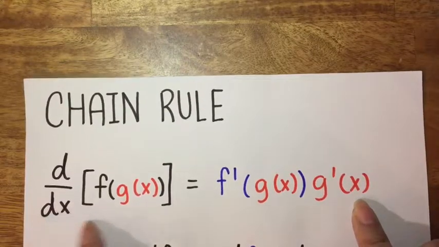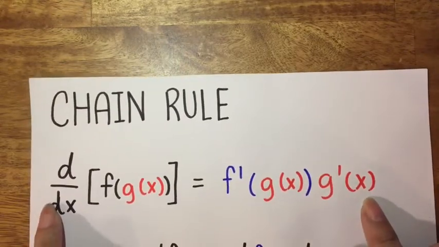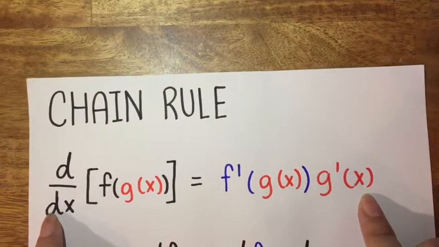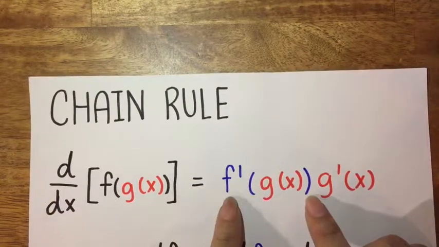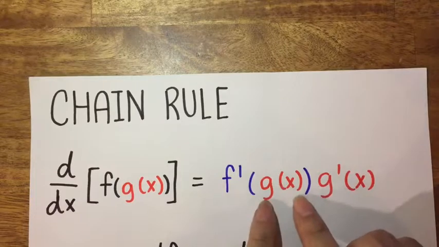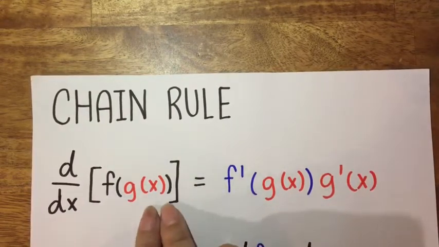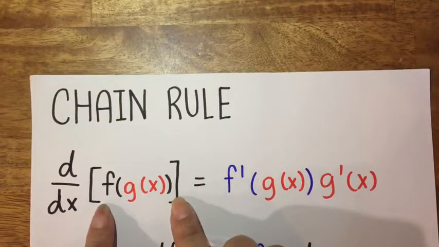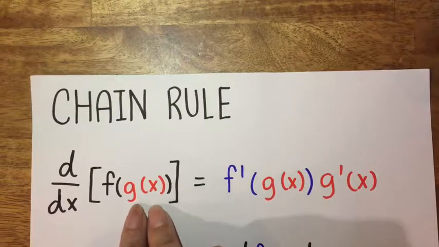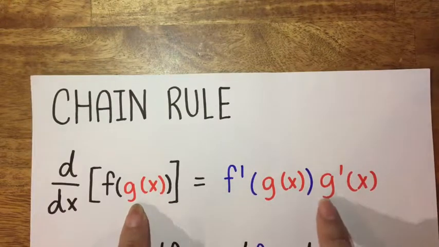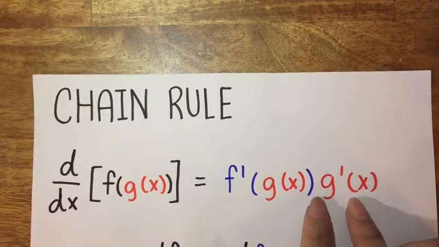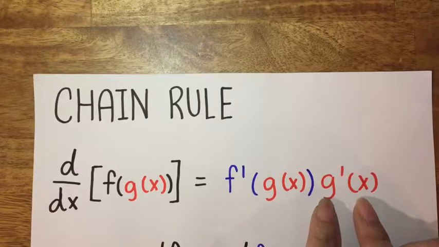And this is how you do the chain rule. Basically, you derive the outside function with respect to the inside function, times the derivative of the inside function.